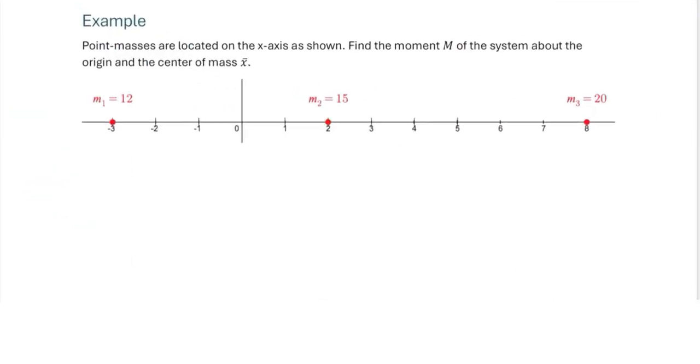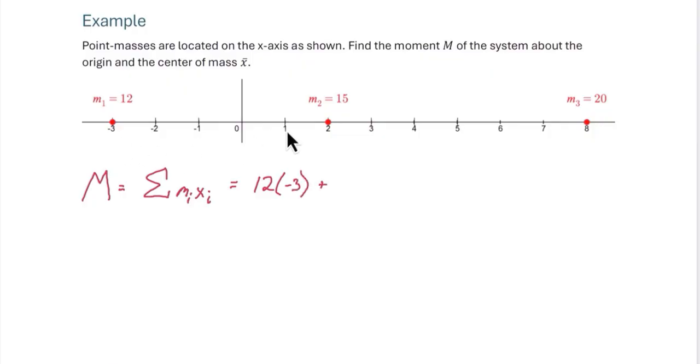In this example, we want to calculate the moment M and the center of mass x bar. Up first, the moment. Remember, we add the individual masses times their location. So mass 1 is 12, it's at -3. 12 times -3.